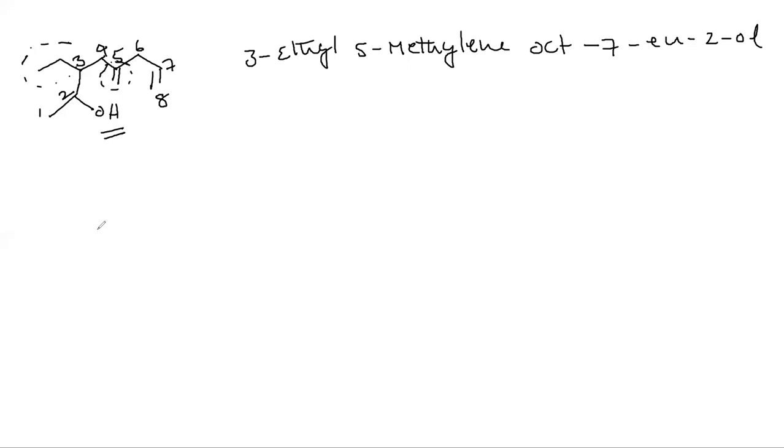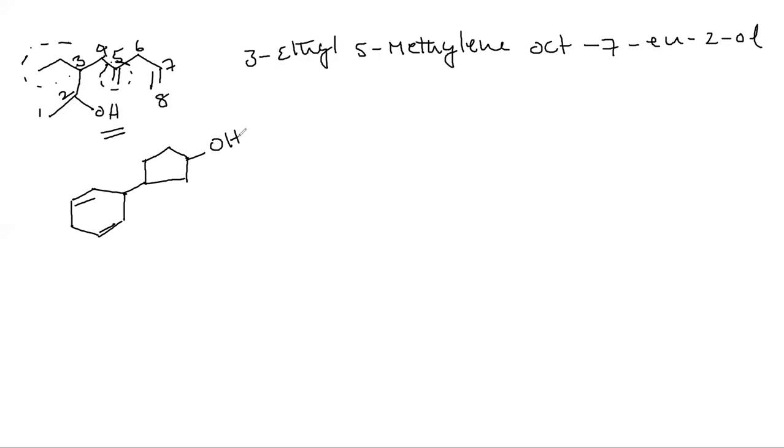And suppose I am giving you a toughest example for you. Try to name this compound. Here I have a double bond, and here I have a double bond, and this is a ring, and to this ring the functional group is attached.